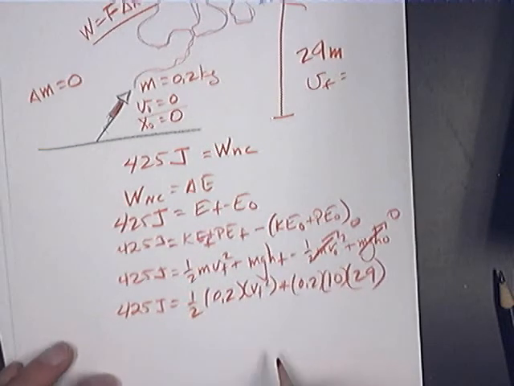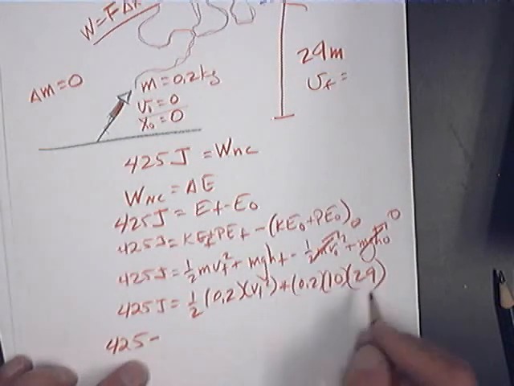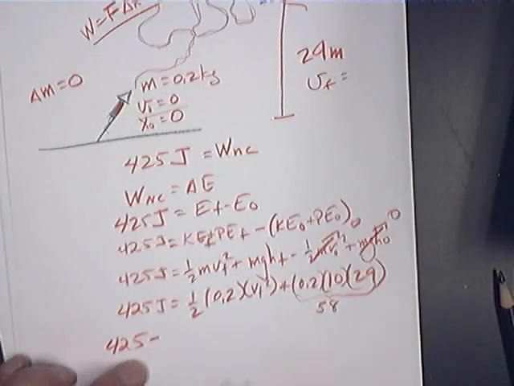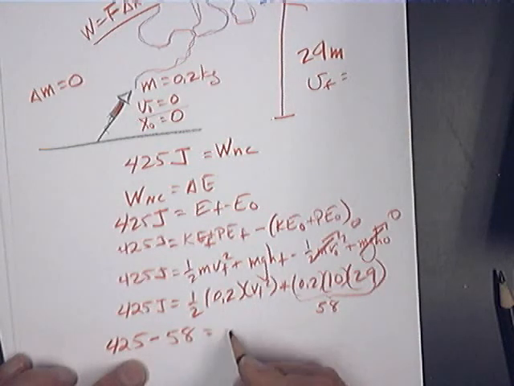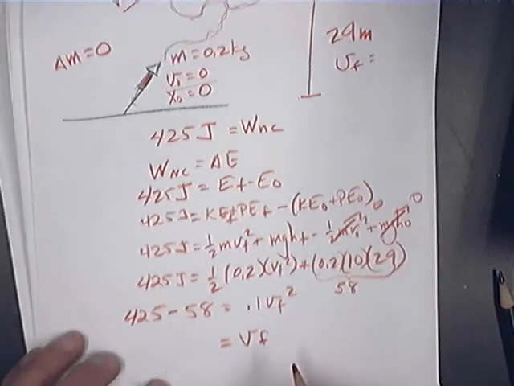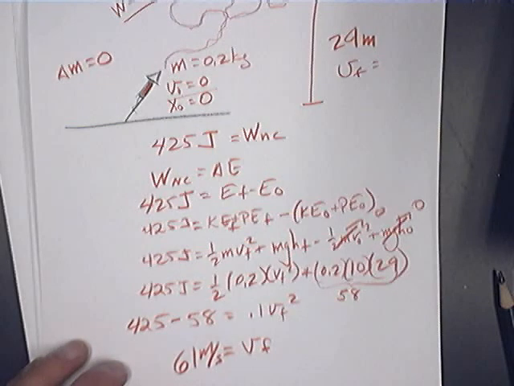Solve for V final. 425 minus 2 times 29, which is 30, 60, 58, minus 58 equals 0.1 times V final squared. And when you do some math, that's where you figure out this one is 61 meters per second. That's what I get for looking at the wrong one.